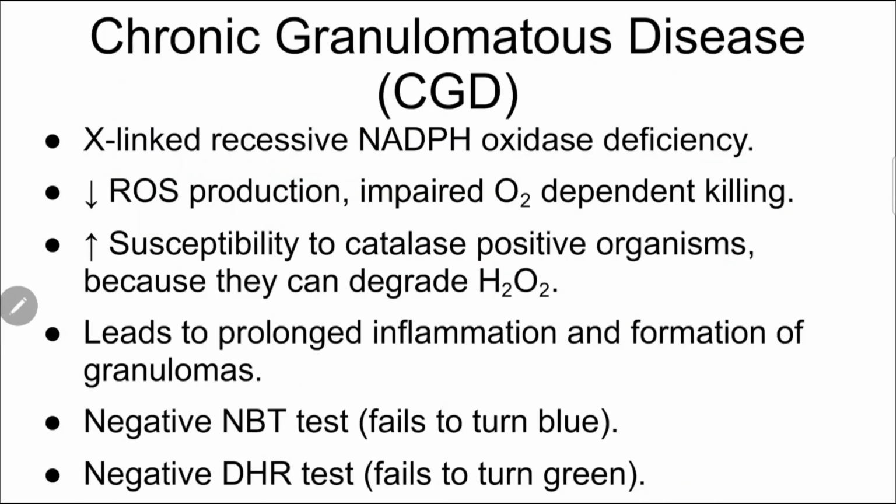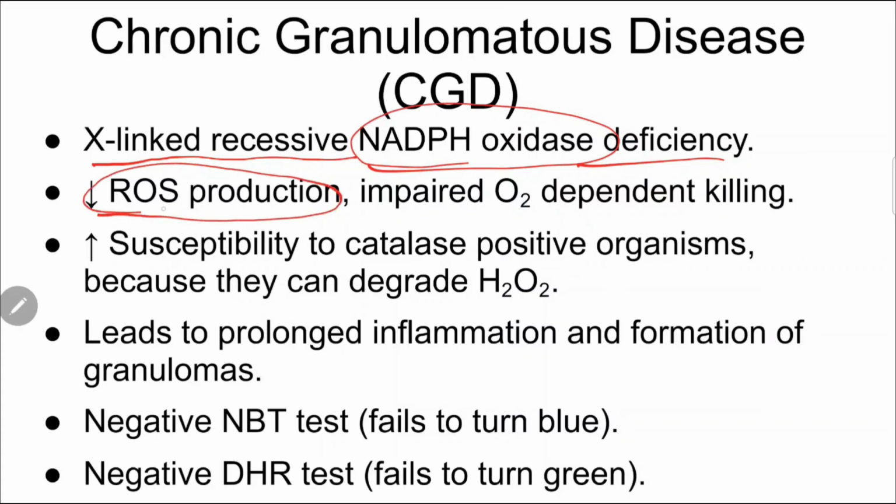Alright, so chronic granulomatous disease is an X-linked recessive disorder, meaning it affects males more. It's an X-linked recessive disorder of deficiency of NADPH oxidase, right? It decreases reactive oxygen species production and it impairs the O2 dependent killing.